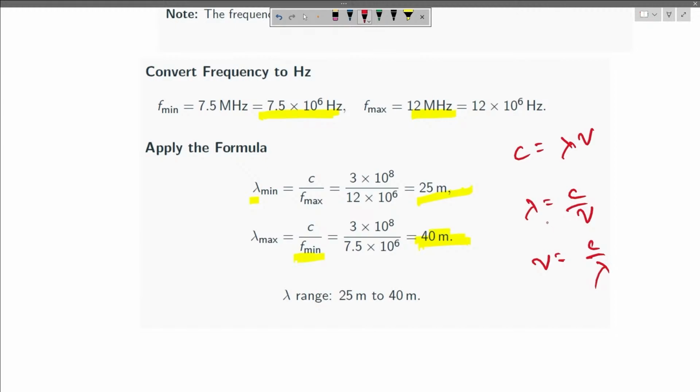So they are inversely proportional. If frequency is maximum, lambda is minimum, and if frequency is minimum, lambda is maximum. So we come to the conclusion that the wavelength band is 25 meter to 40 meter.